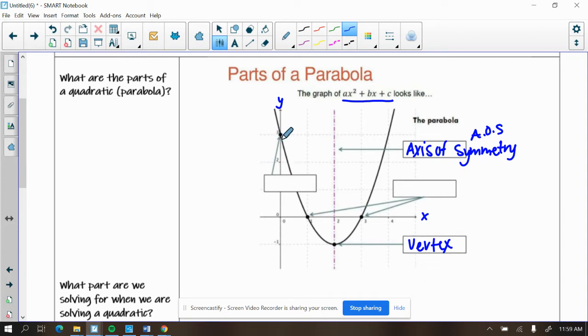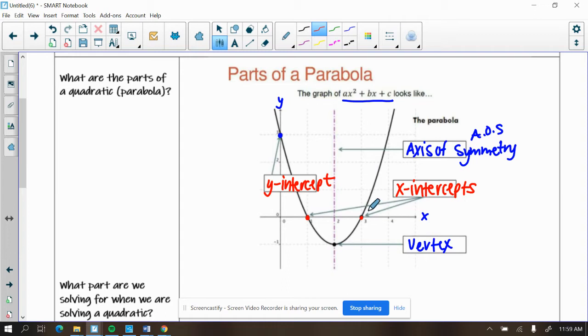And then we have these points where it crosses our x and y axis. Those are called our intercepts, our x-intercepts and y-intercept for our graph. Normally there's only one y-intercept.